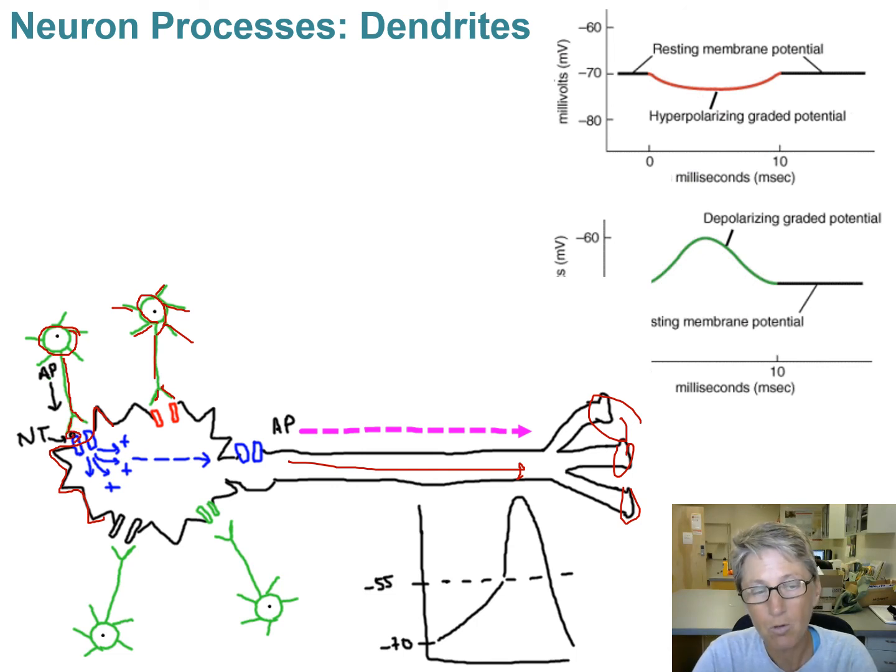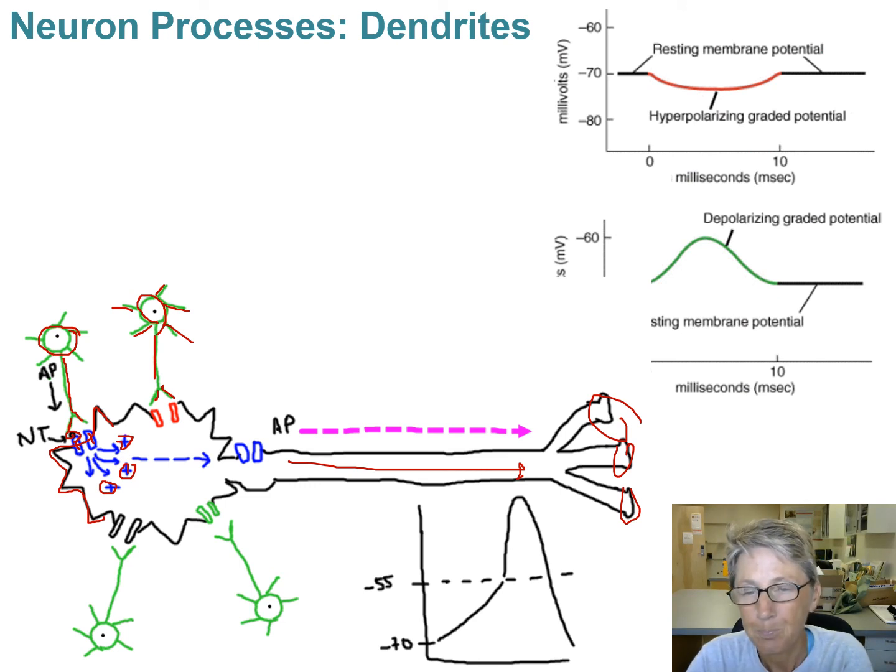Neurotransmitter binds to a channel, and in this case it's a cation channel, so positive charges flow in. That would probably be positively charged sodium. So sodium flows in, and at the dendrites and the cell body, as the positive charges flow in, come over here to this graph.